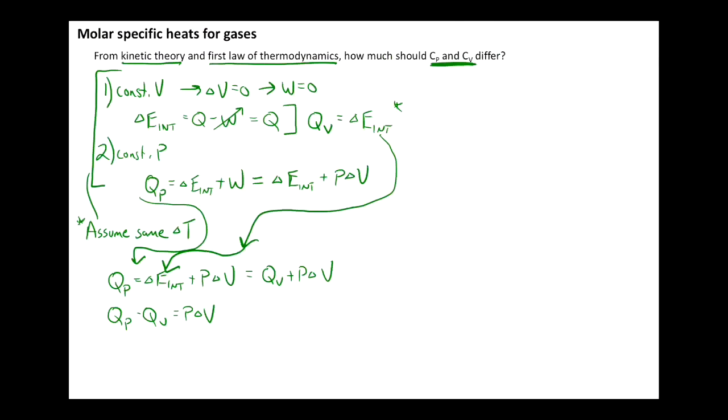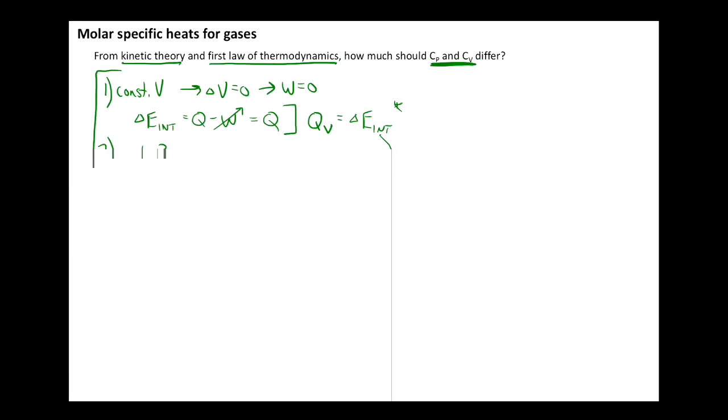For starters, I'm going to use the ideal gas law. So PV equals nRT. And we will rearrange that to say that delta V is equal to nR delta T over P as long as we have a constant pressure, which we're still working with this second case.